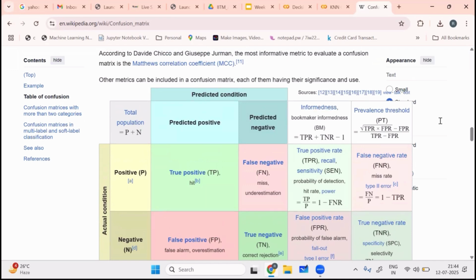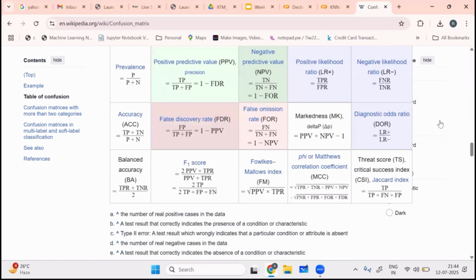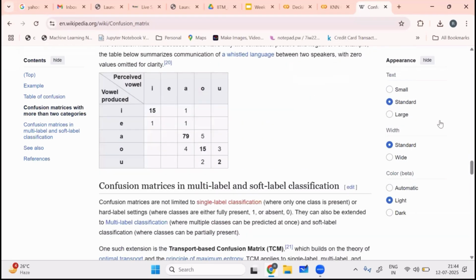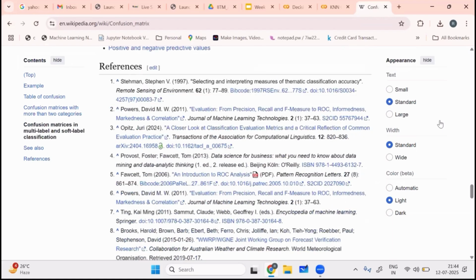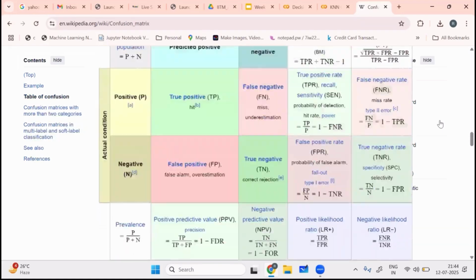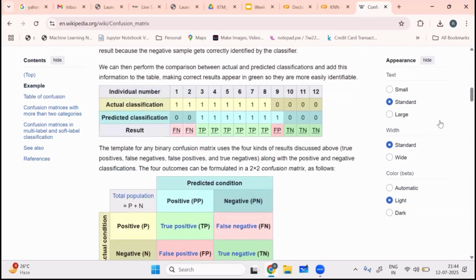Then we have the bookmaker workaround, let's say the calculation of the metrics, prevalence thresholds, false negative rates, how they are being calculated. So n number of things you will get from these matrices, more than what exactly we have right now. Okay. So I wish that you go through the entire workaround here, which basically helps you to get almost all the doubts clear with respect to multiple things.